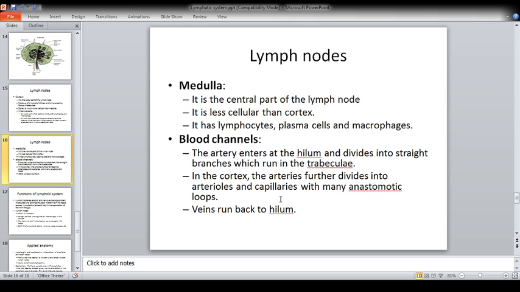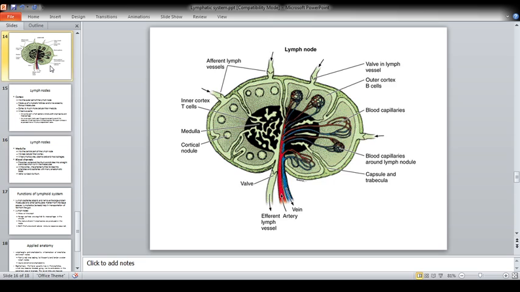So they would form anastomotic loops, and the nutrients and oxygen and the things needed by the cortical cells are extracted from here, and they would then transform into the veins, which would then go back, combine together in the form of a single vein, and then exit through the hilum.